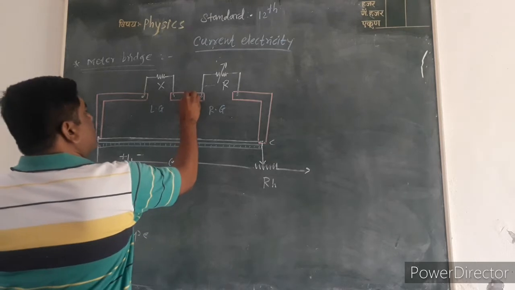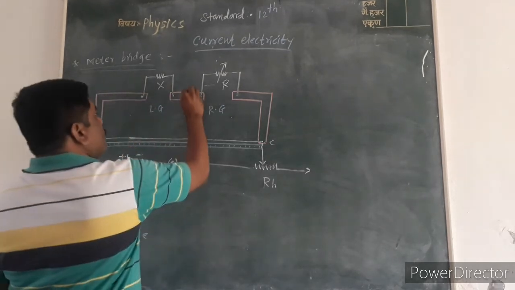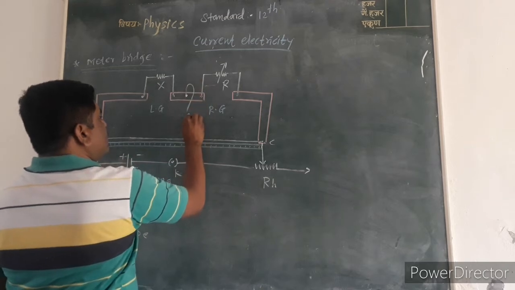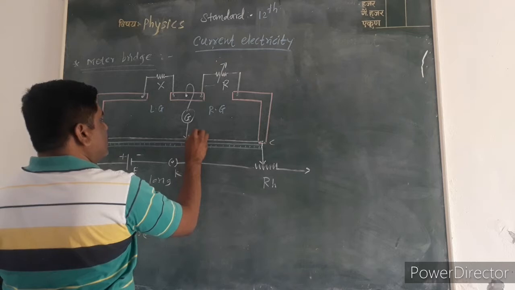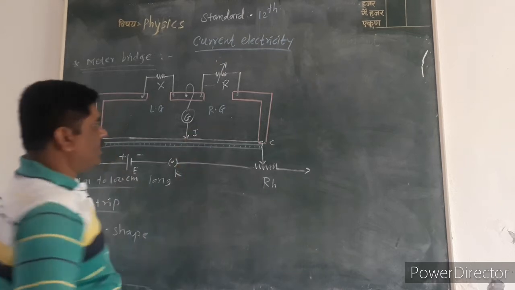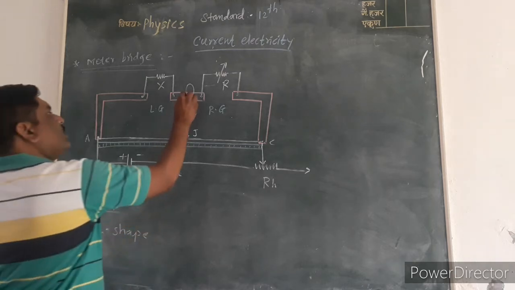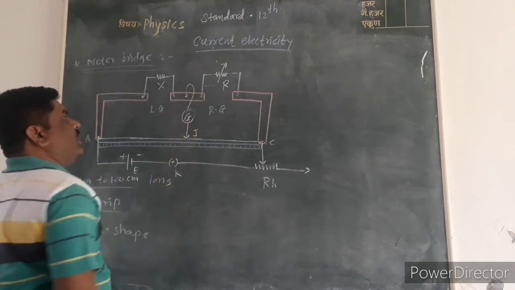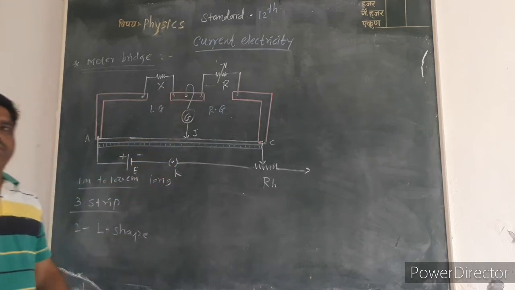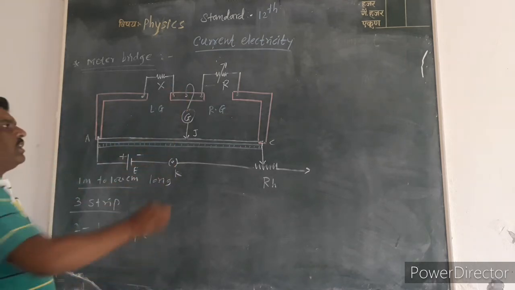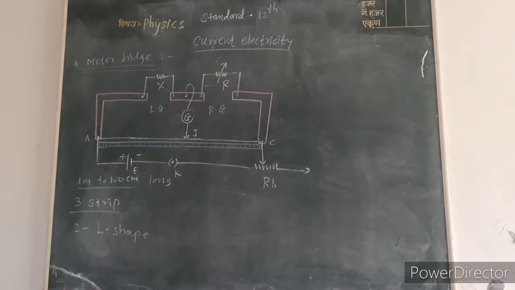Also, at the center of the metal strip, we connect the galvanometer, and the other end of the galvanometer is connected to jockey J. One terminal of the galvanometer is connected to the center strip, and another terminal is connected to the jockey.